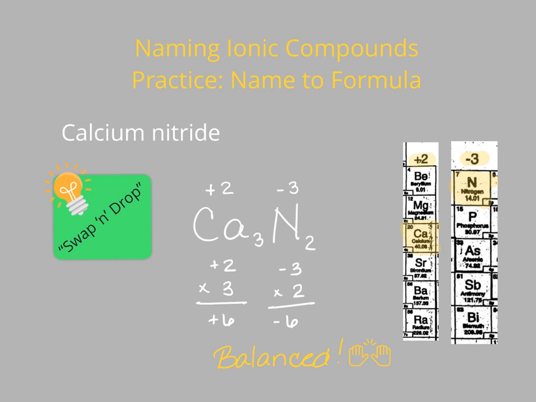And that's what we mean when we say balance the charges. We need to balance the overall charges of our positive and negative ions so that our compound itself is neutrally charged. The swap and drop method will work every time and is just a little bit easier and more straightforward of an approach than thinking in terms of common denominators.